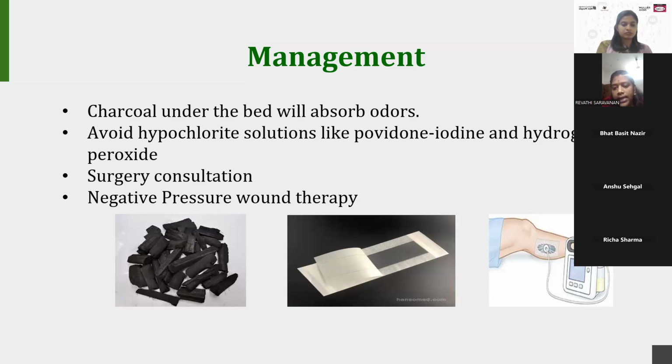Then you have to set the pressure on that; minimal pressure will be needed. That pressure will go to the wound, remove the excess exudates, and promote wound healing by the negative pressure applied. It is a very rare phenomenon. Mostly here in Tamil Nadu, we are not using this. Next slide.